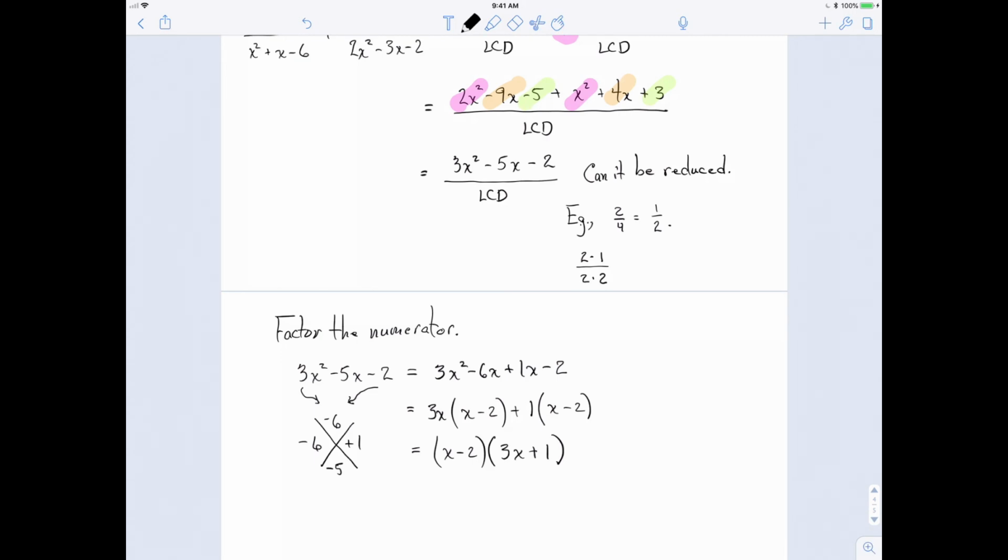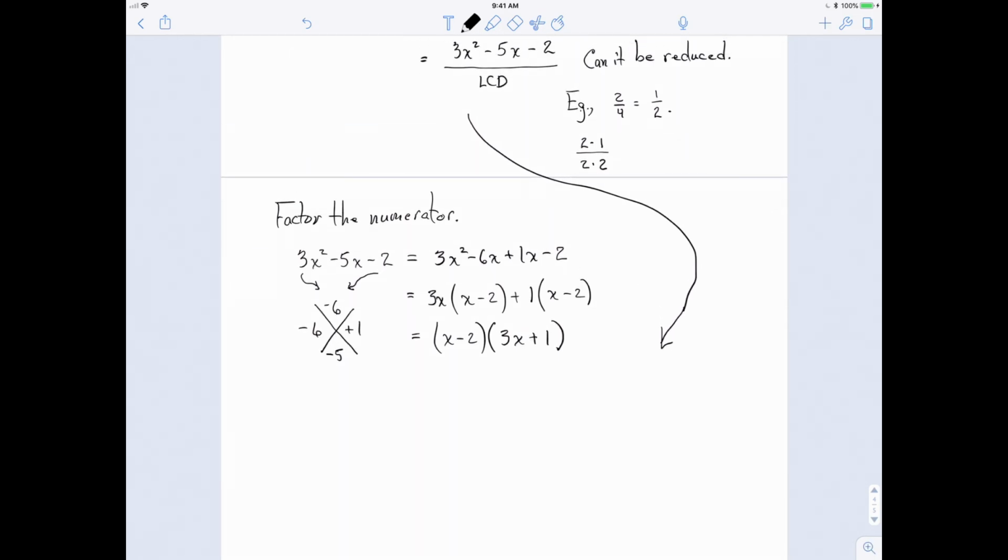So now we can continue this problem down here. So I would write that, I should probably bring my arrow around, is equal to x minus 2 over 3x plus 1. And to see if there's anything we can reduce, I'm going to have to write the LCD out.